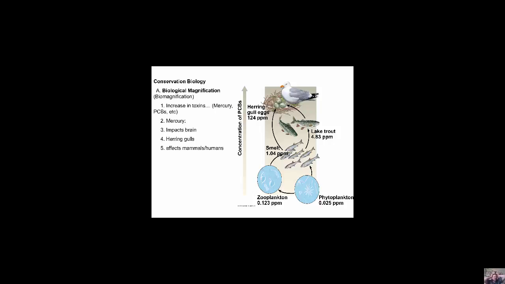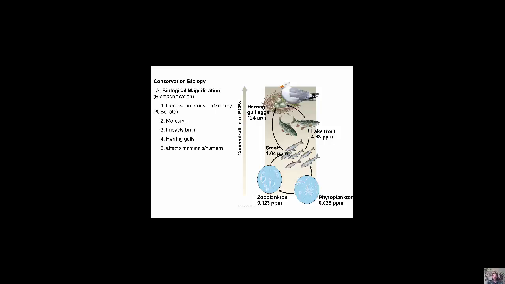So biological magnification, or biomagnification, is the concept in which pollutants in a freshwater system or a terrestrial system increase in concentration as you go up the food chain. So we have increase in toxin levels in higher levels of the food chain because toxins accumulate in fatty tissues.